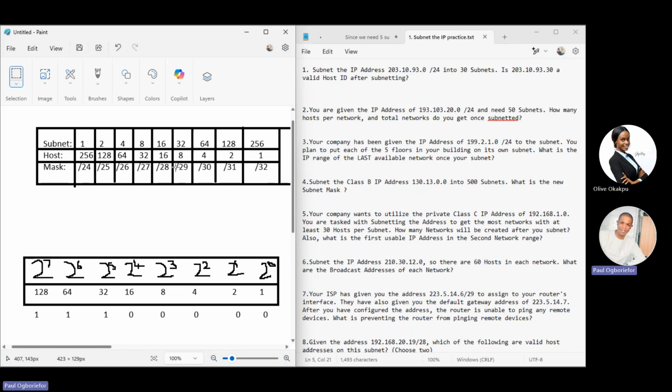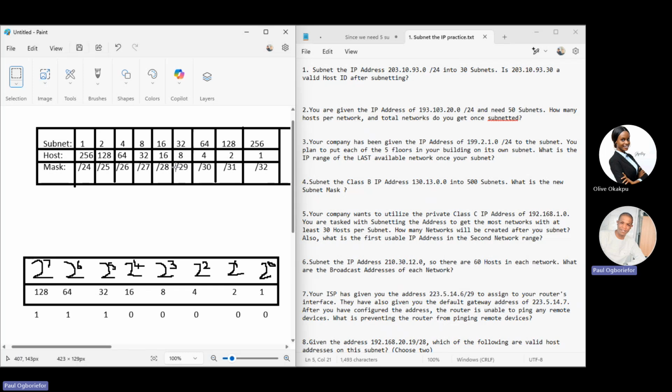Without doing much calculation, because they start from 0, they just want to know if 203.10.93.30 is a valid host ID. And what is the network ID?